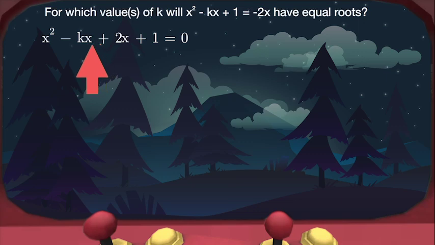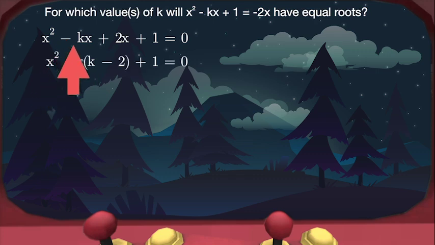I'm going to look at these two terms and take out a common x. Actually, I'm going to take out a negative x. So here we have x squared, and then I take out a minus x, and minus kx divided by minus x is just k, and plus 2x divided by minus x is a minus 2. So there I did the common factor, and don't forget about this plus 1.